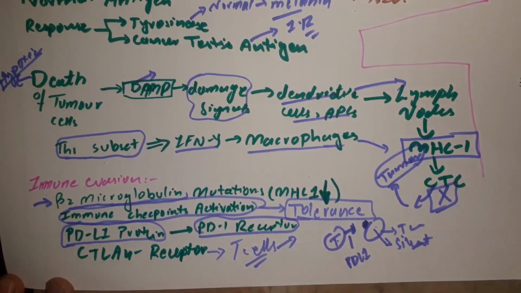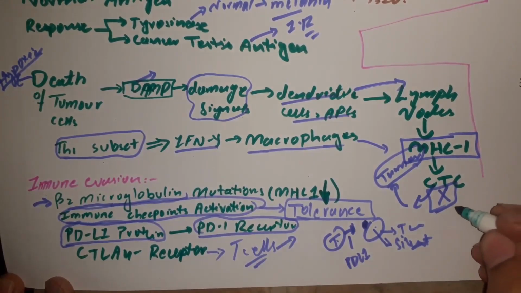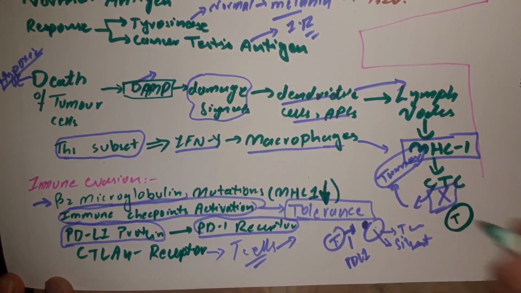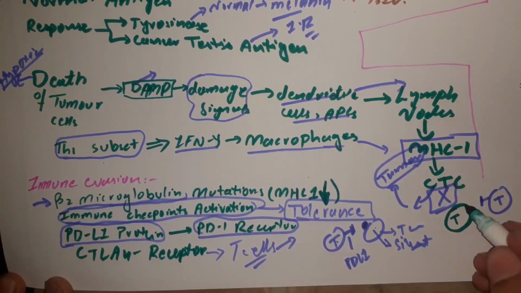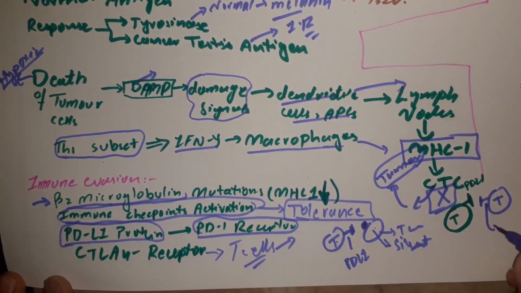For example, I can represent here, supposedly this is the tumor cell, and this is the T cell, and here is the PD1 receptor, and here is the PDL1 ligand. Okay, this is the PDL1 ligand, and this is the PD1 receptor. So what happens if we produce an antibody against this?